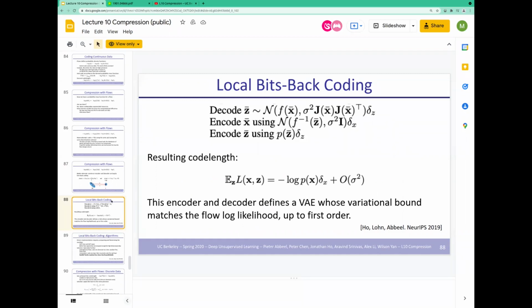When they define it this way, it becomes a VAE, and it matches the variational bound to the first order. You can use bits back coding on this one. So basically, turning a flow into a VAE to make this possible.